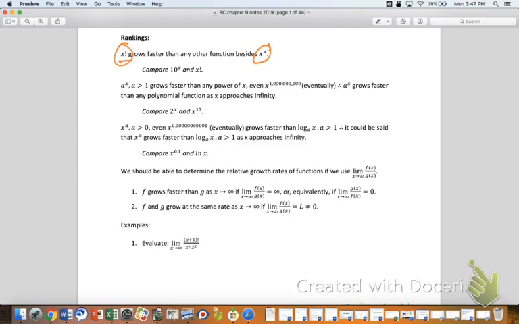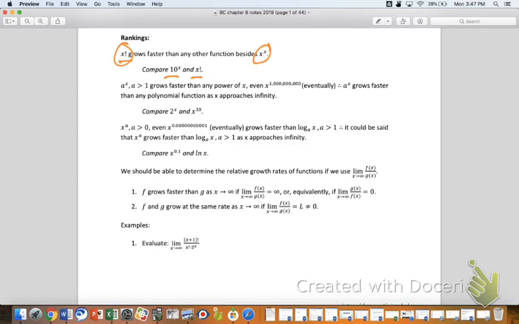So if you wanted to, you could compare 10 to the x, which is an exponential, to x factorial. You could use your calculator or a table to figure this out, but x factorial will always grow faster than any exponential, or really any other function besides x to the x.